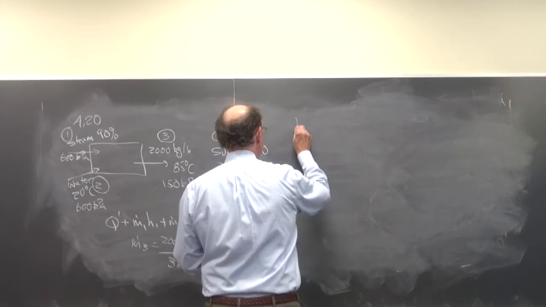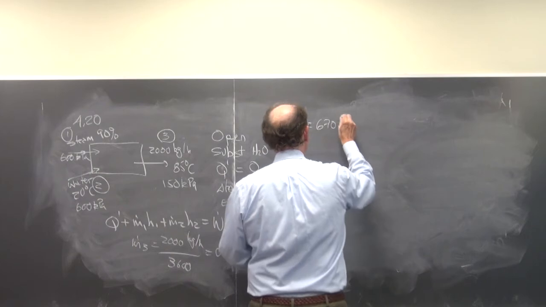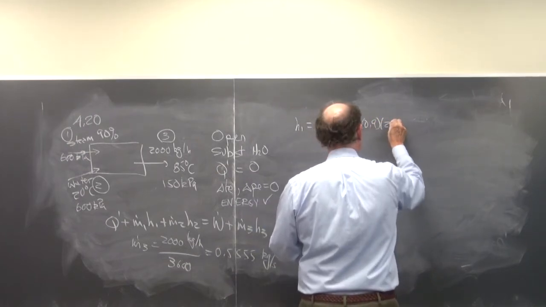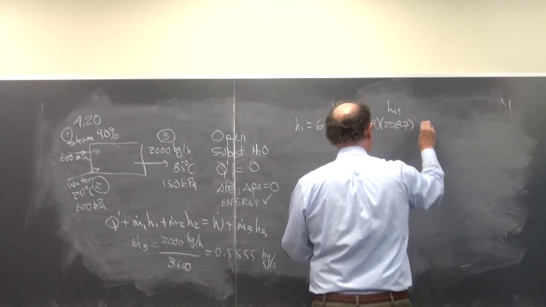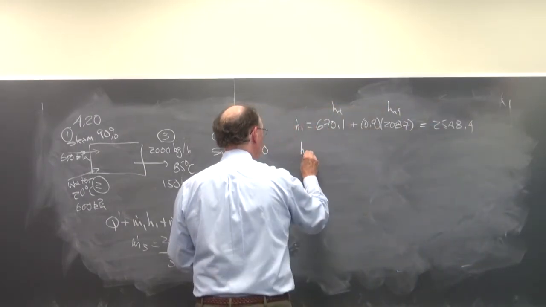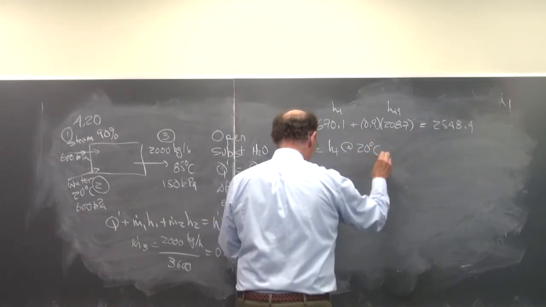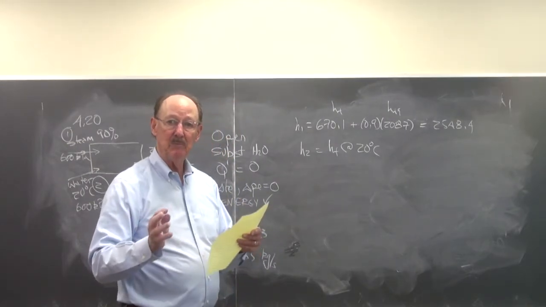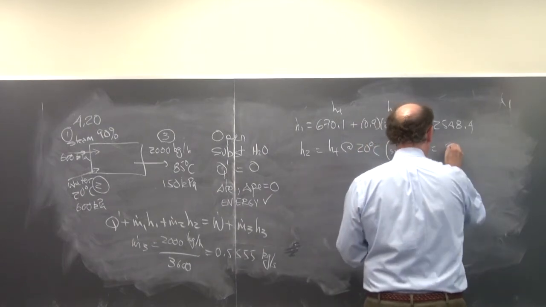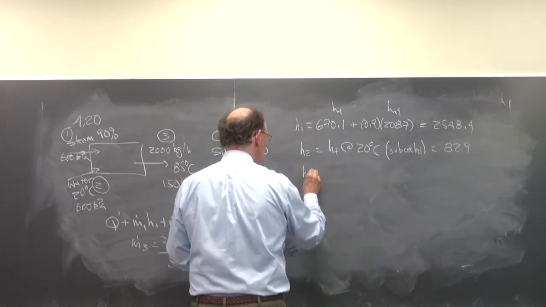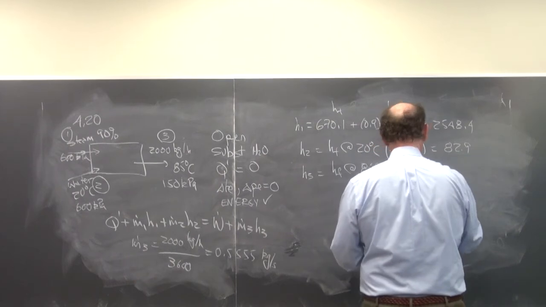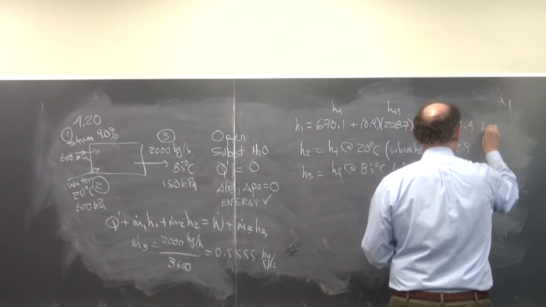So h1 at 600 kPa, h1 is equal to 670.1, h sub f, plus 0.9 times h sub fg, 2087, and that's going to be equal to 2548.4. h2 is equal to h sub f at 20 degrees C. So this is a subcooled liquid, so we're using the subcooled liquid, and this is equal to 82.9. h3 is another subcooled liquid, h sub f at 85 degrees C. It's also subcooled, and this is 356.7 kilojoules per kilogram.